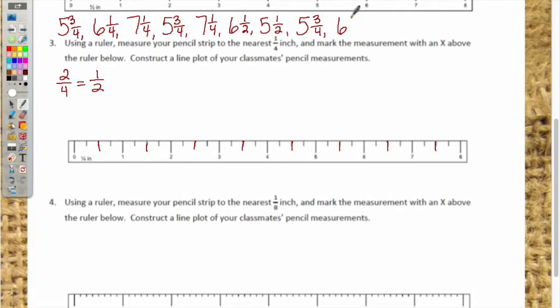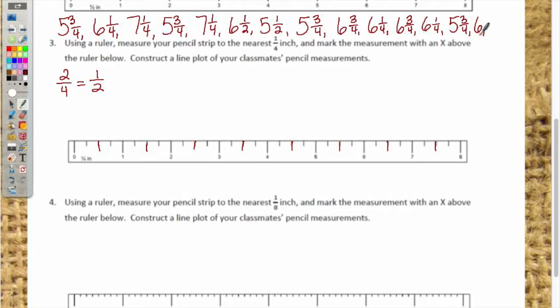Faith, are you ready? Yeah. What is yours? 6 and 1/4. Okay. Sari, 6 and 3/4. Whitley, 6 and 1/4. JC, 5 and 3/4. Jules, 6.